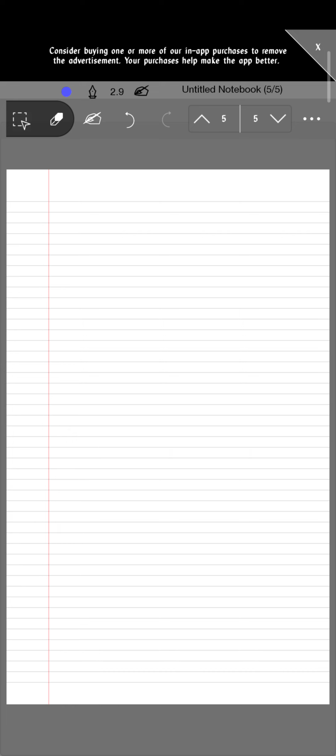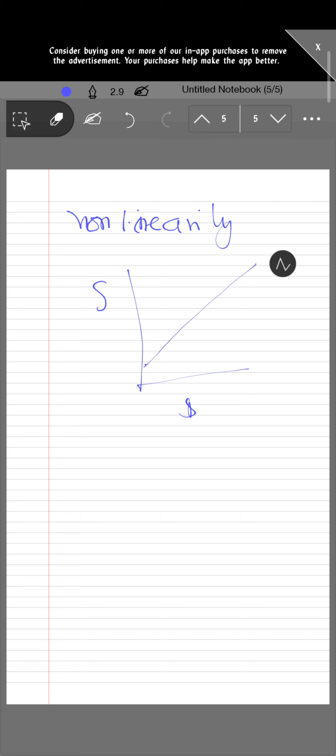So we can express, if there is a nonlinearity, say sensor output and pressure or the stimulus are like this. Instead of going like this, it is like this, not linear.